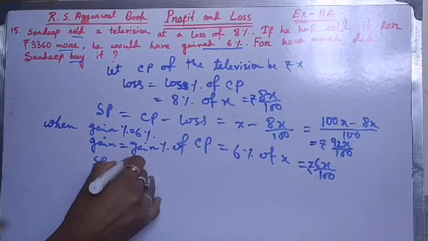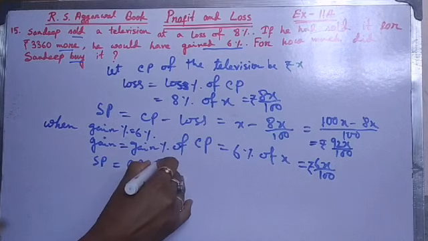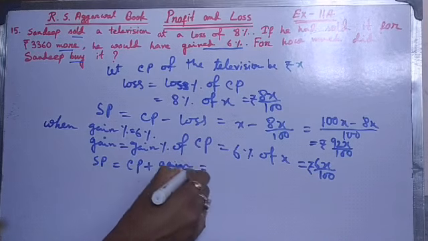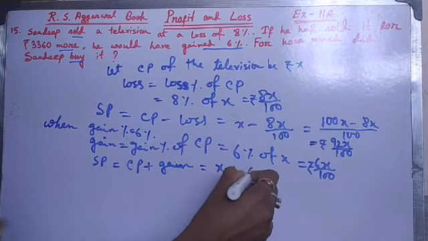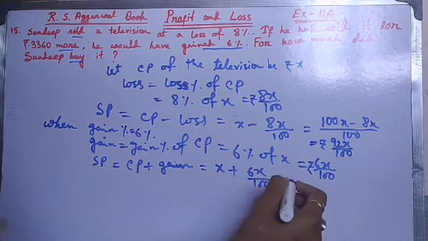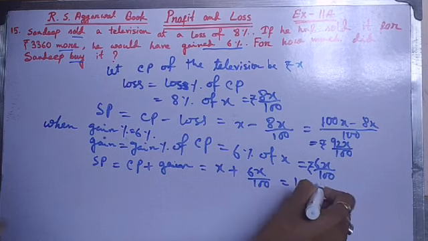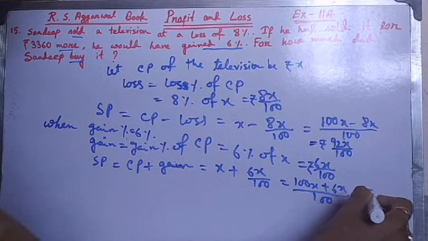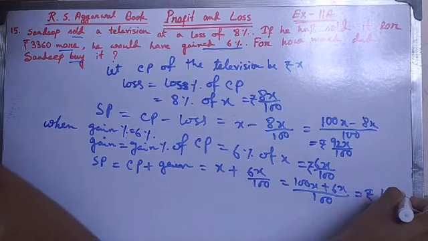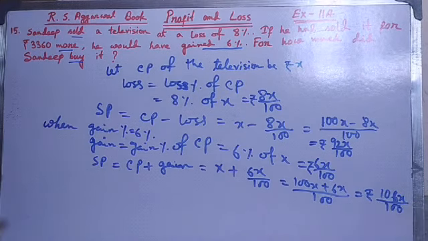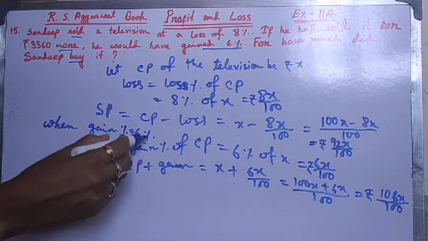So here SP is CP plus gain, that means x plus 6x by 100, that means 100x plus 6x divided by 100, that means rupees 106x by 100. This is SP when gain is 6%.